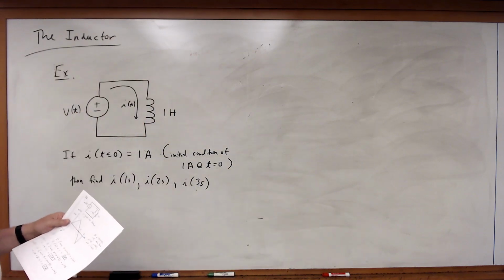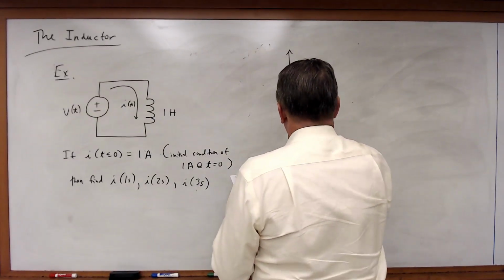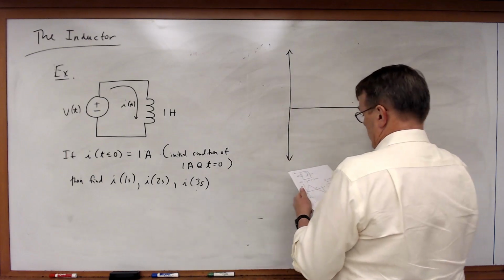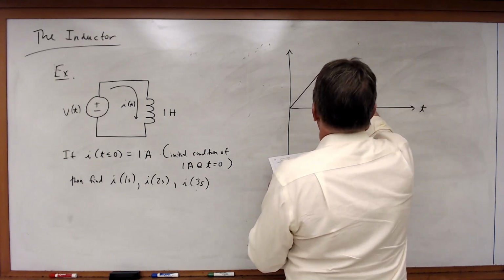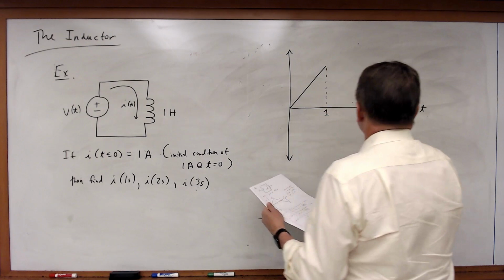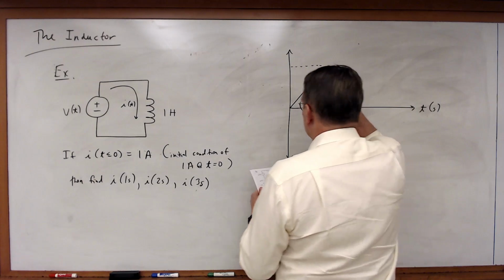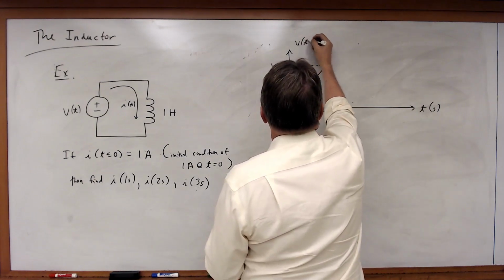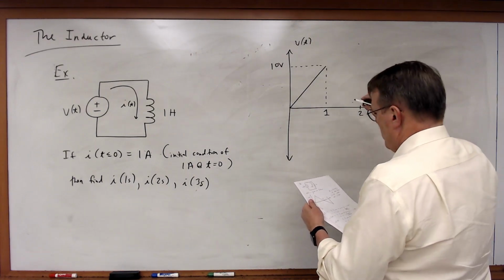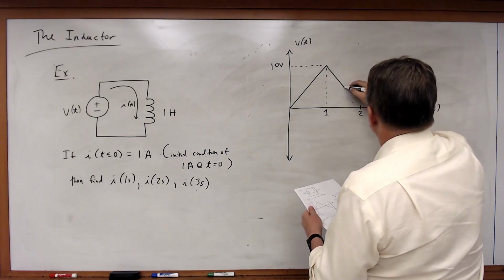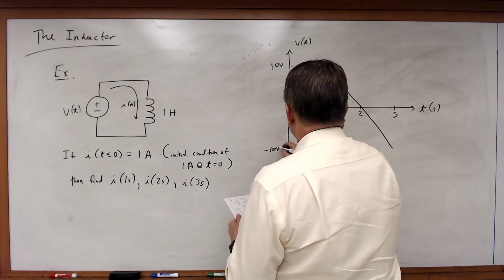So what does my voltage look like? Because I need that if I'm going to calculate the current. Here is what my voltage looks like. From 0 to 1 second, the voltage climbs linearly to a value of 10 volts. Then from 1 to 3 seconds, the voltage drops all the way back down to minus 10 volts.